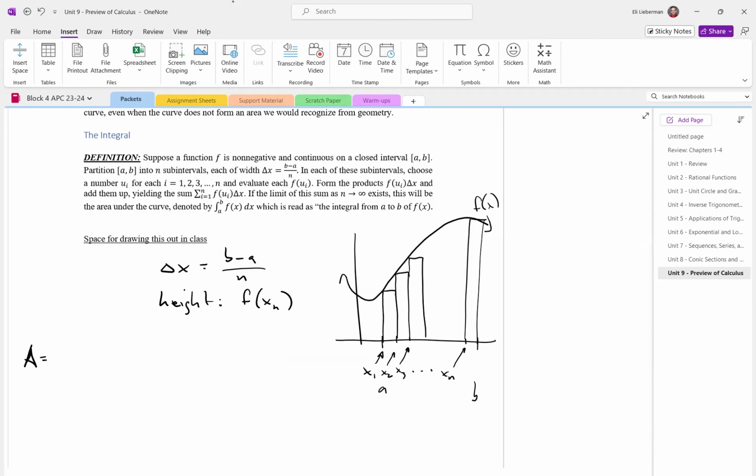Since they all have the same base, I'm going to factor that out. And this leaves us with f of x sub 1 plus f of x sub 2 plus f of x sub 3 plus dot, dot, dot plus f of x sub n. Are we good with that being the sum of all the rectangles?